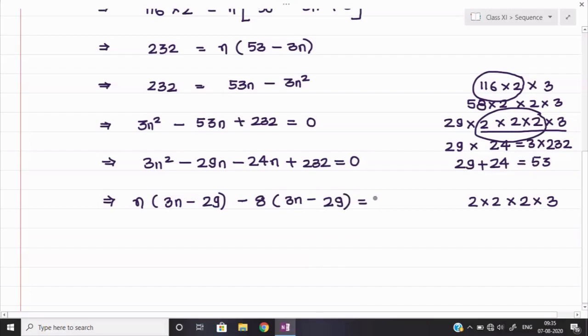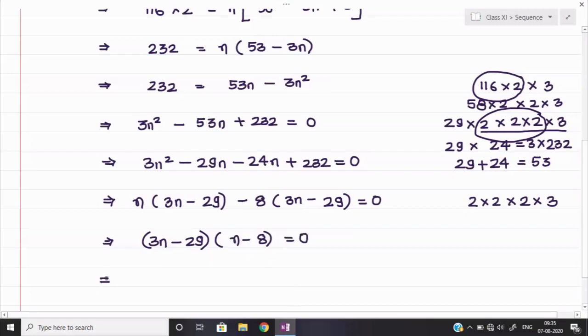Yes, only 8 will be common. Now the 3n minus 29 will be a common bracket that we can take out, and in the second bracket it will remain n minus 8 is equal to 0.